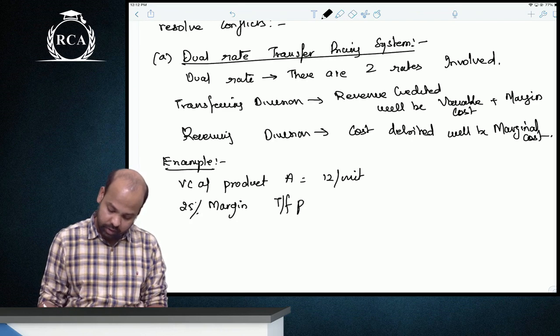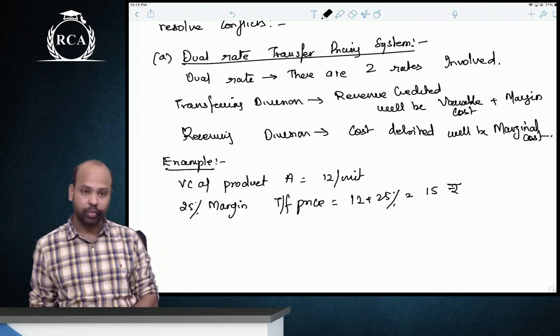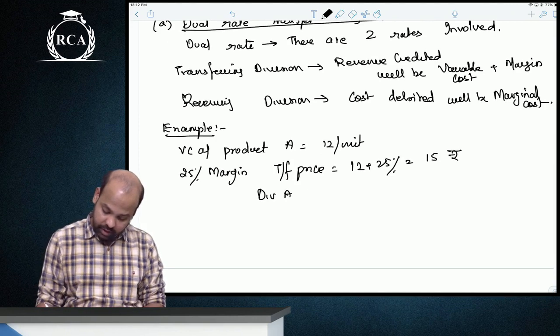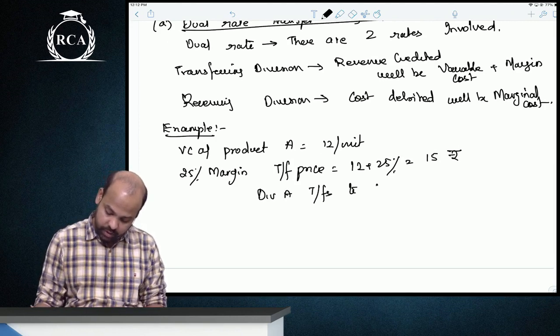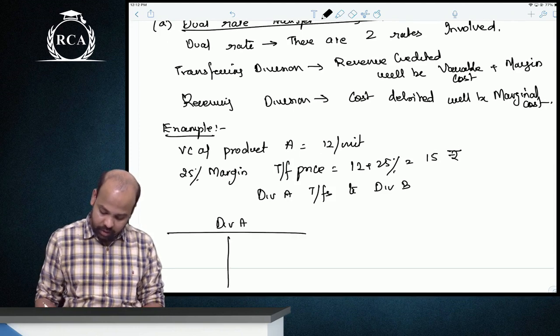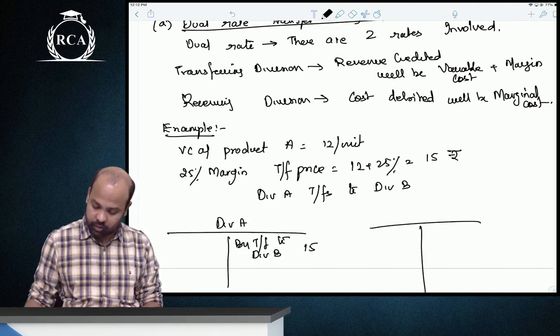So transfer price is 12 rupees plus 25%, 15 rupees. Division A transfers to division B. When you're preparing profitability of division A, they'll write by transfer to division B 15 rupees.